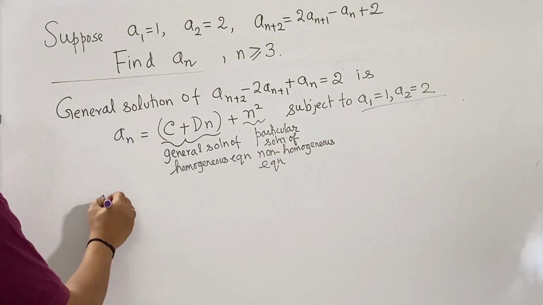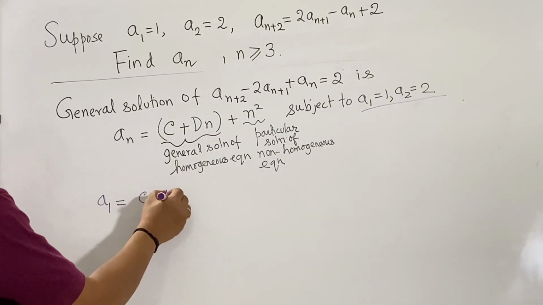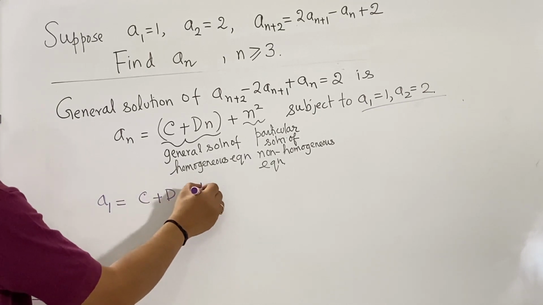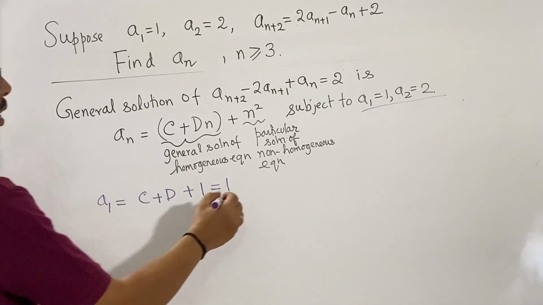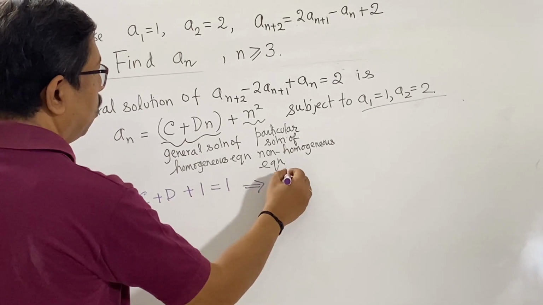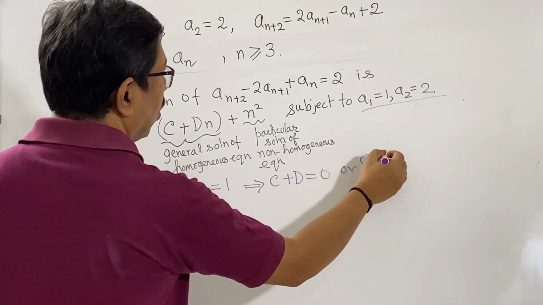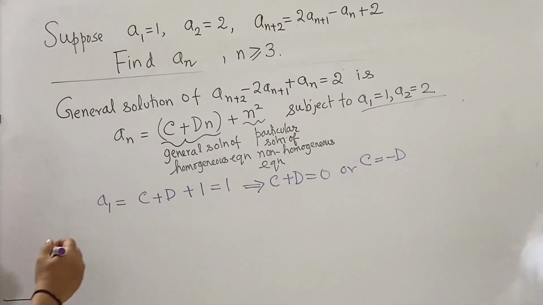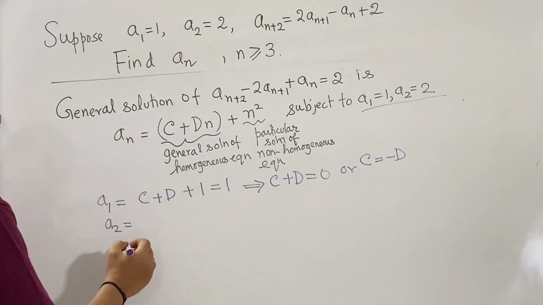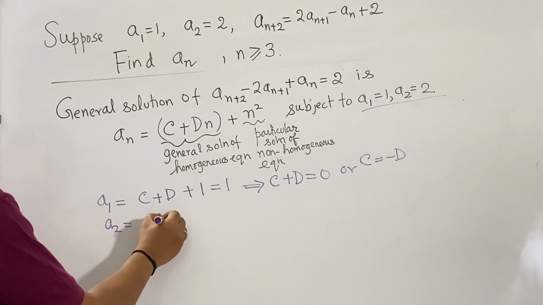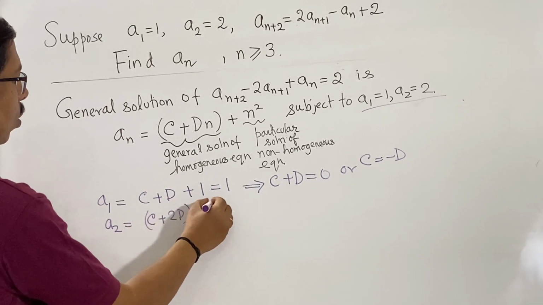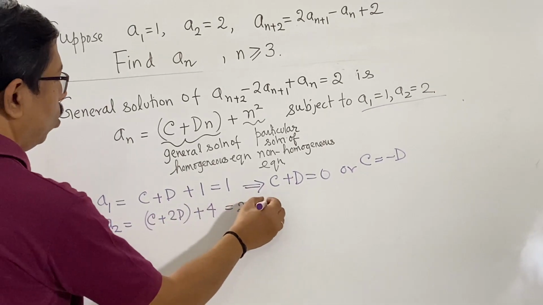Now, a_1 is c plus d plus 1 is equal to 1. So, this gives us c plus d equal to 0, or c is equal to minus d. Another, a_2 is, putting 2 there, c plus 2d plus 2 squared, which is 4, and that is given to be 2.